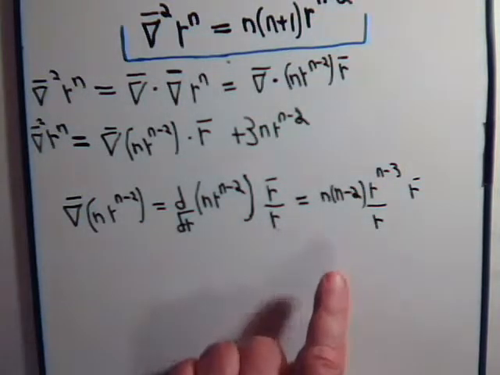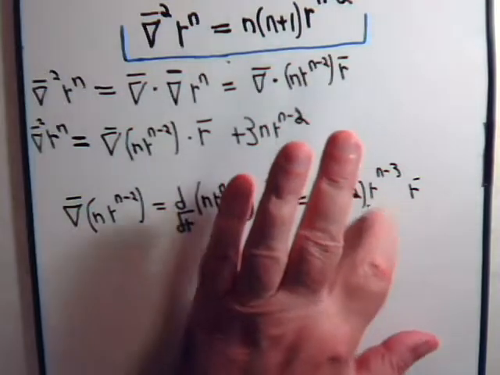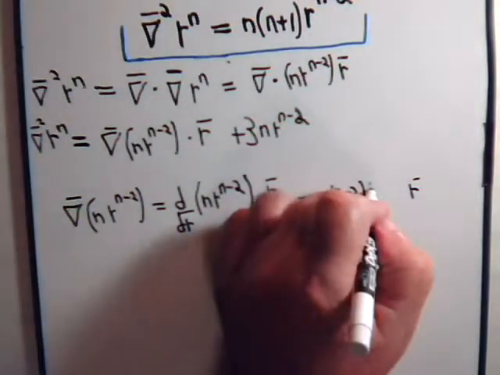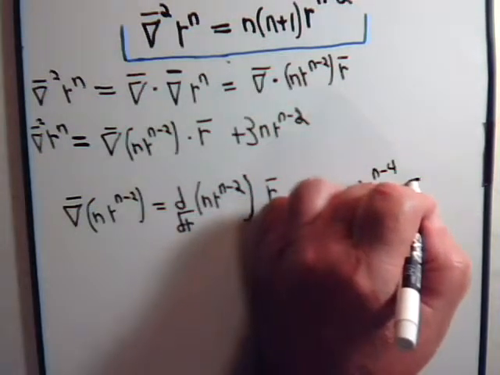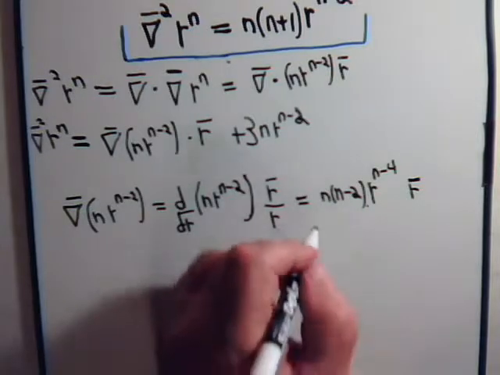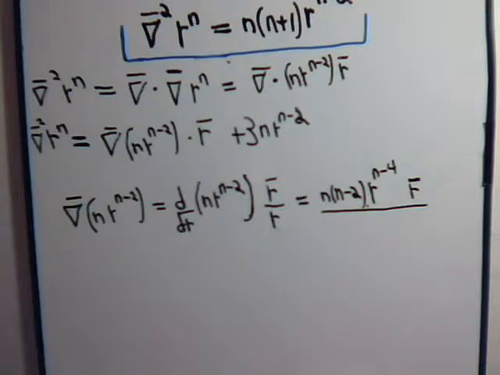Or we can just write this as r to the n minus 4 times the position vector.